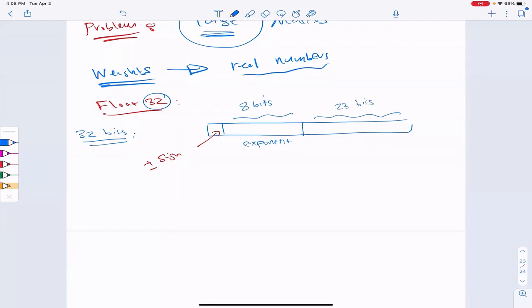And this part is used for characterizing the fraction part of the number. We call it the mantissa.